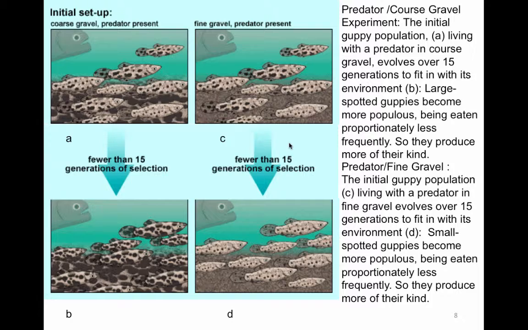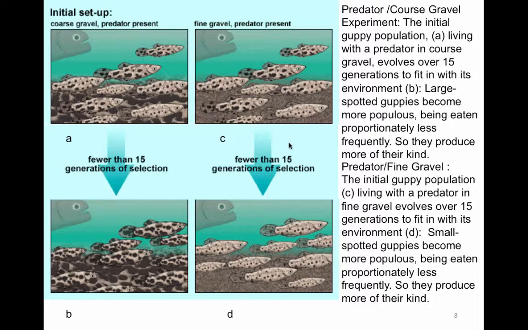Predator coarse gravel experiment. The initial guppy population depicted in figure A is living with the predator in a coarse gravel environment.